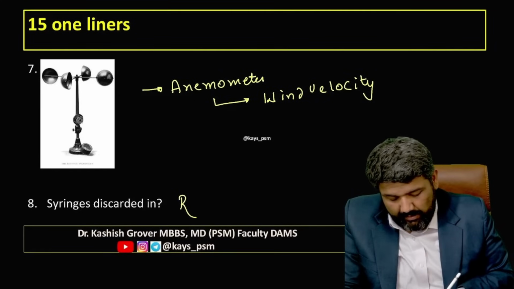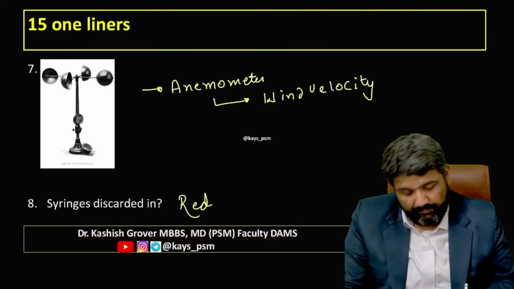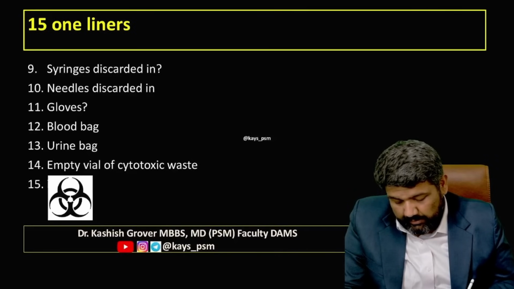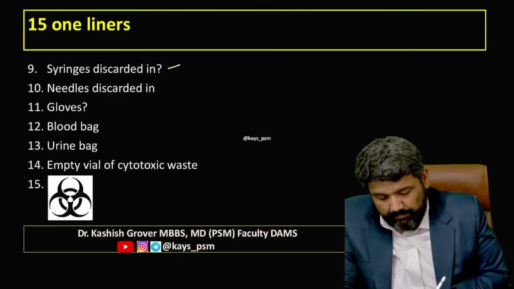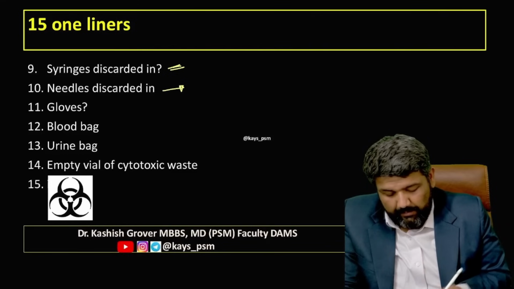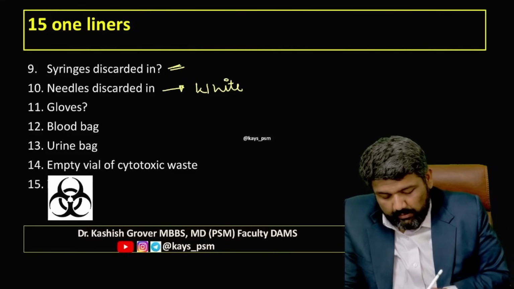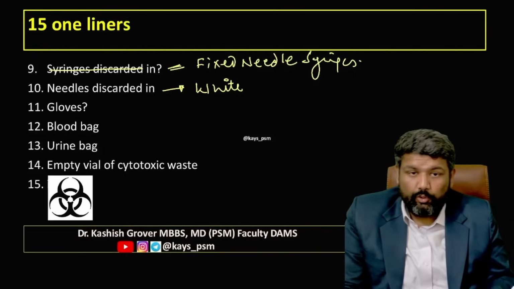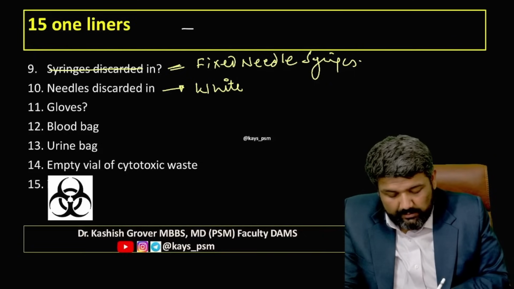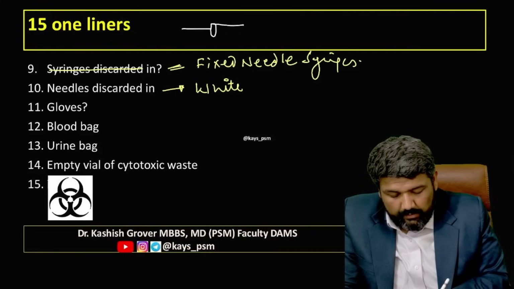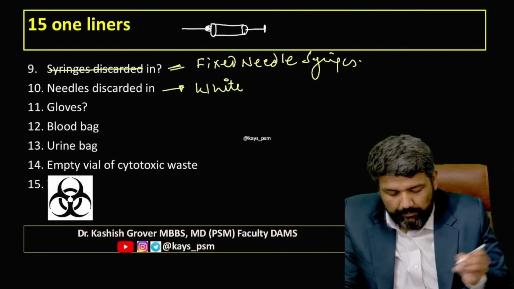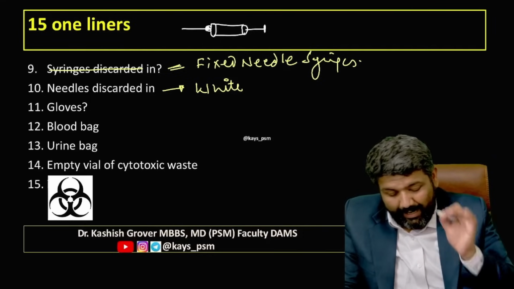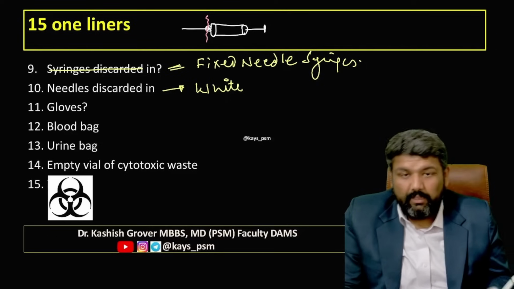Syringes discarded in red. Needles discarded in white. So, fixed needle syringes. Let me end this controversy. This is a matter of controversy since long. This is the needle. This is the syringe. This is the plunger. This is the hub. So, the ideal thing is to cut it from the hub.